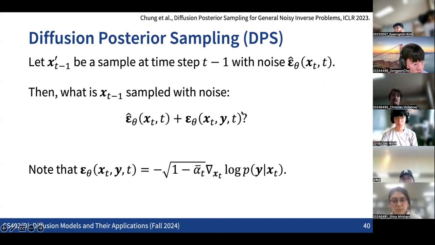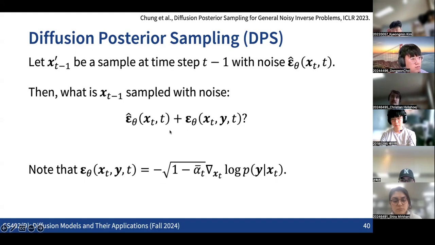And this conditional noise can be calculated by the score function that we just calculated in the previous slide. So if we can calculate the score of y given xt, we can calculate this conditional noise with some scaling factor. And you just need to add this to the predicted noise, right?